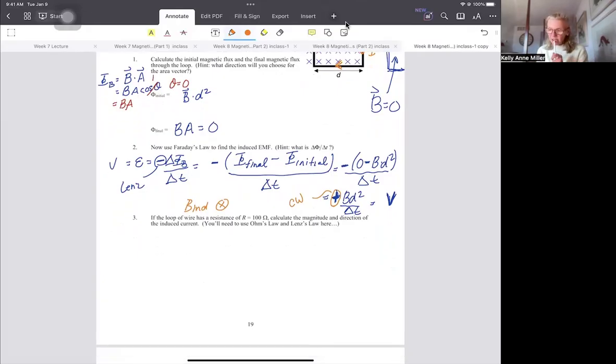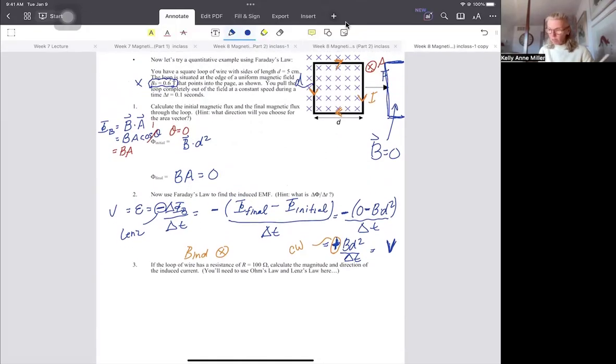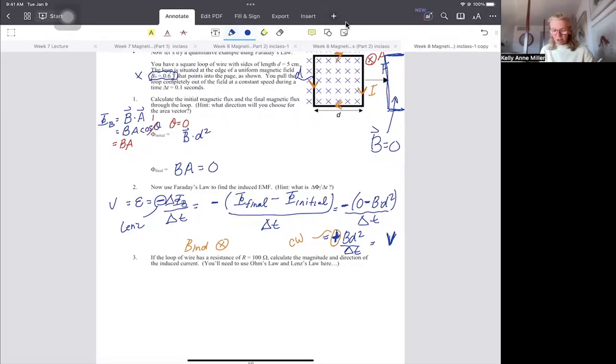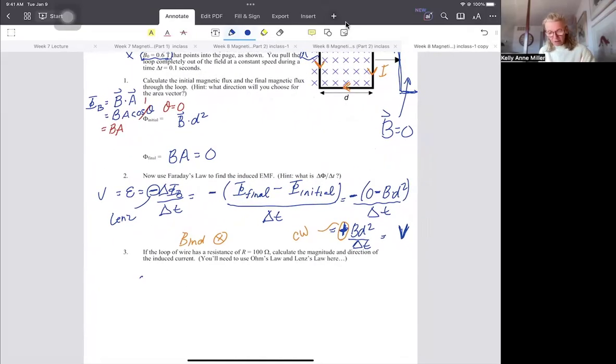So last question. If the loop of wire has a resistance of 100 ohms, calculate the magnitude and direction of the induced current. We're given that the resistance of this wire is 100 ohms. And so we can just use Ohm's law, and there's a problem on the challenge that asks you to do this as well.